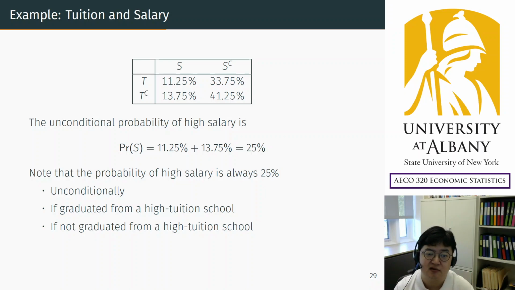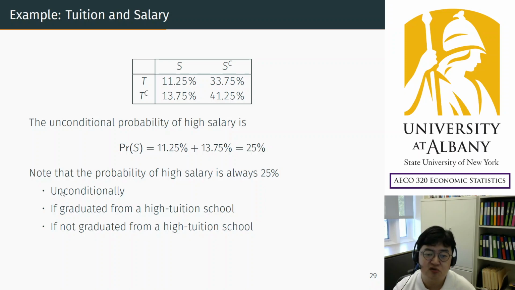That means without knowing any condition, you are going to earn high salary with 25%. So depending on these three conditions, the probability of high salary is always 25%: conditioning on high tuition, conditioning on non-high tuition, and without any condition.